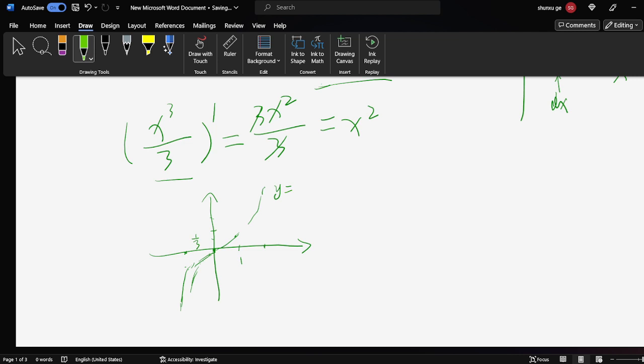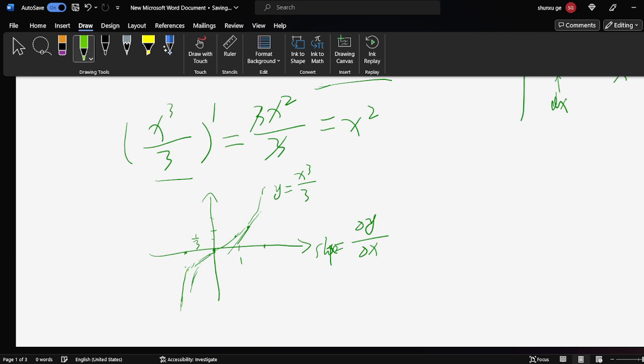So it's another graph, x cubed divided by 3. What is the derivative? We find one point, and from this point we take the slope. Slope means delta y divided by delta x. So this is the slope.